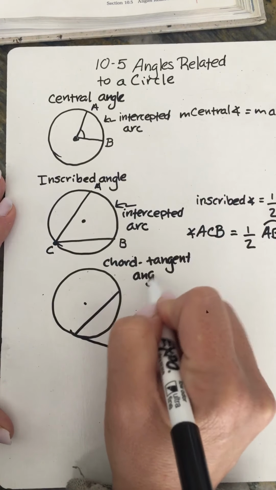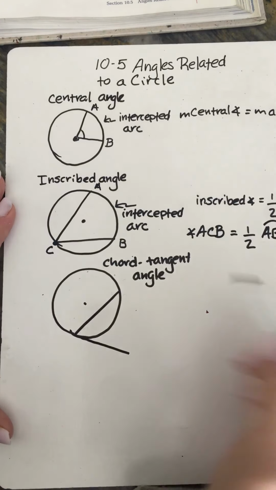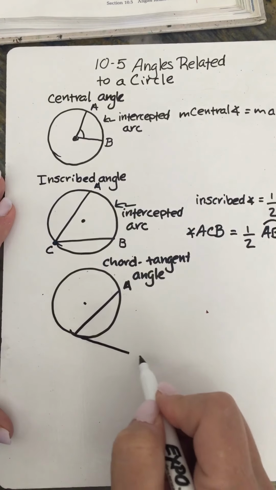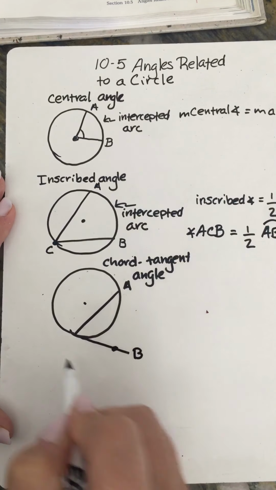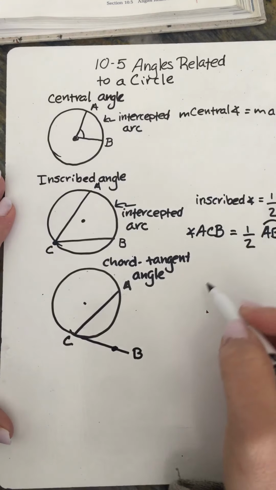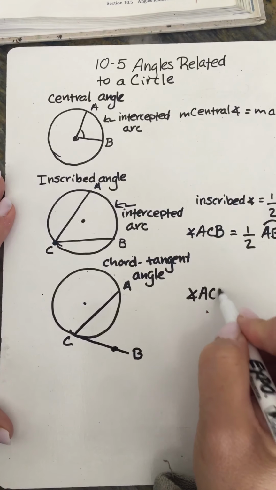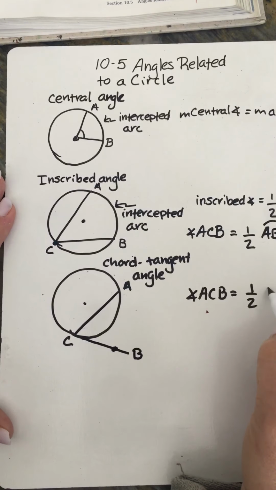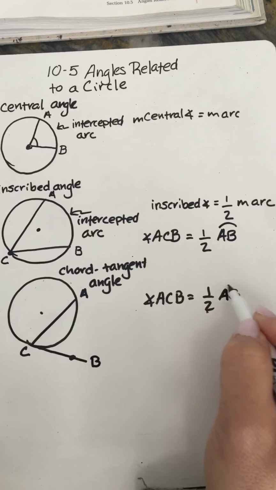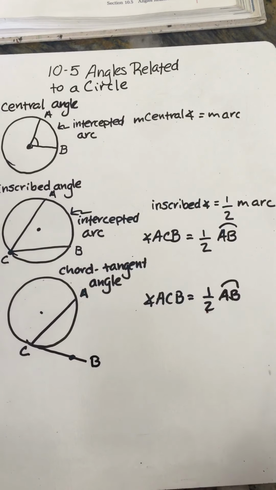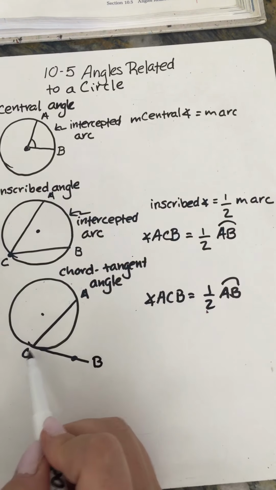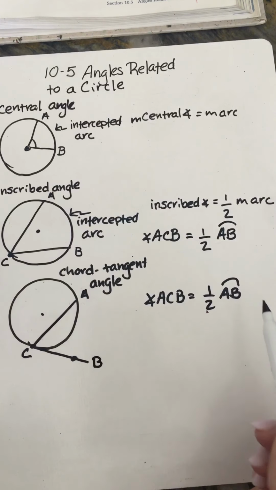But it behaves exactly like the inscribed angle. So if we did A, B, put B on there, and C, it would still be angle ACB is equal to half of arc AB. So these two behave the same way. The vertex is on the circle, so the angle measure is half of the arc measure.